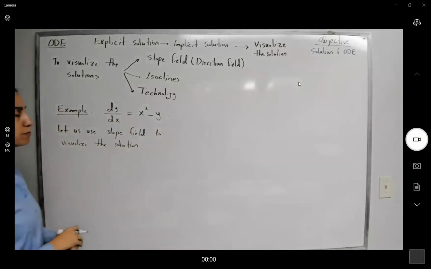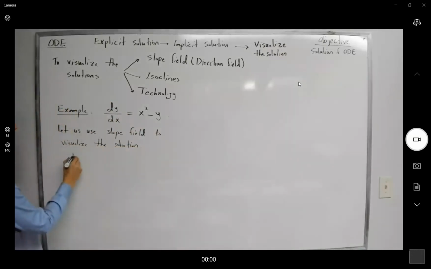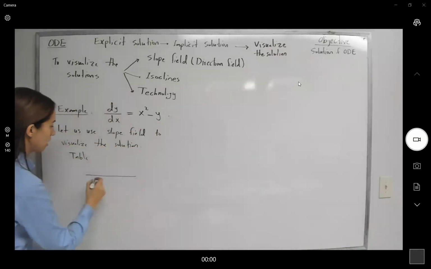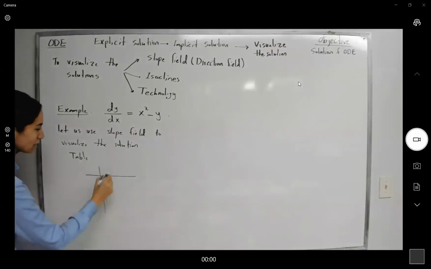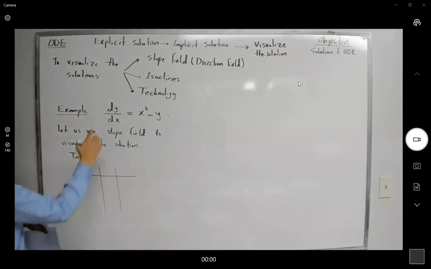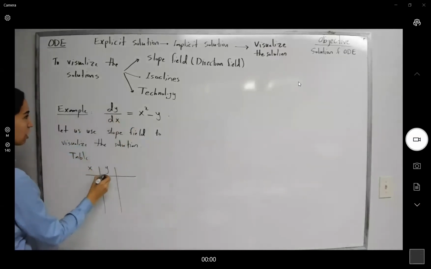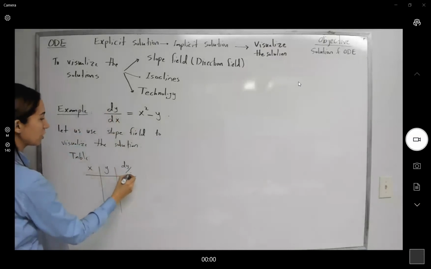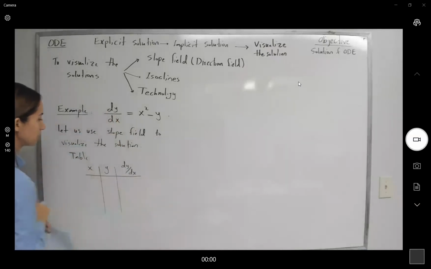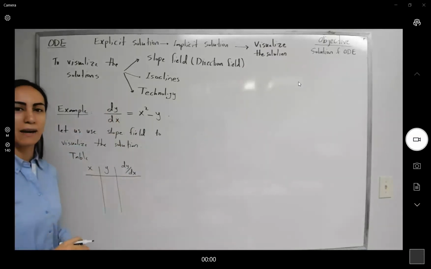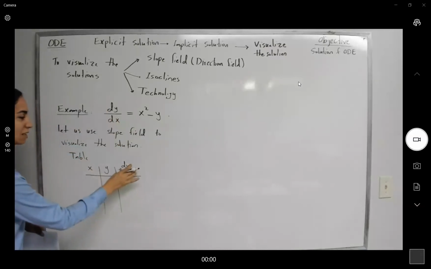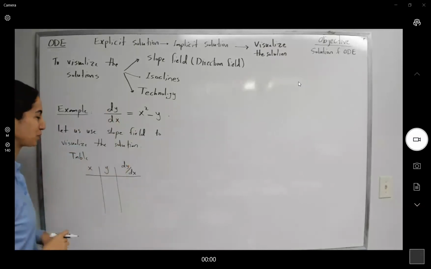So what are we going to do? As you remember, we're going to use a table. In that table, we're going to enter some values for x, some values for y, and also dy over dx. Then we're going to use those little arrows representing the rate of change.